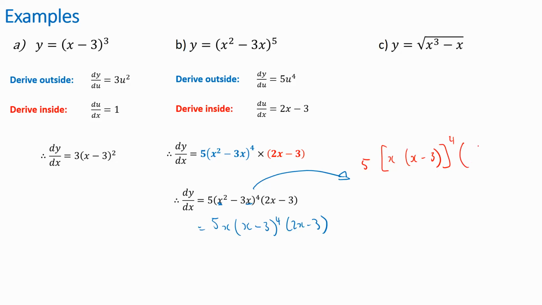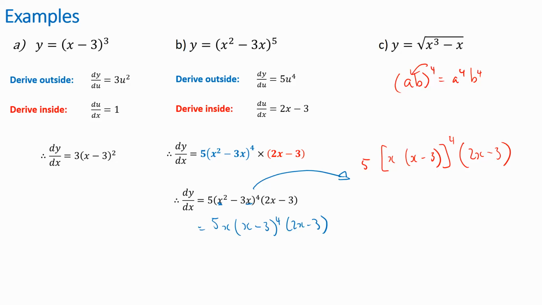And I've also got the other bracket, 2x minus 3. But here's the thing: if you want to take out that x, if you want to remove it from this bracket, then you have to do it to the power 4. This bracket is to the power 4. It's like saying, back in year 7 or 8, you learnt ab to the power of 4 is a to the power 4 and b to the power 4. True?